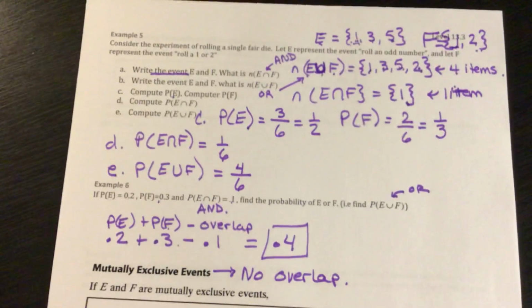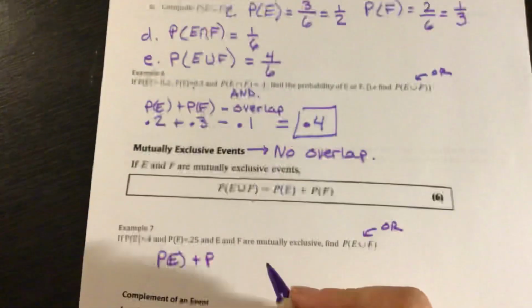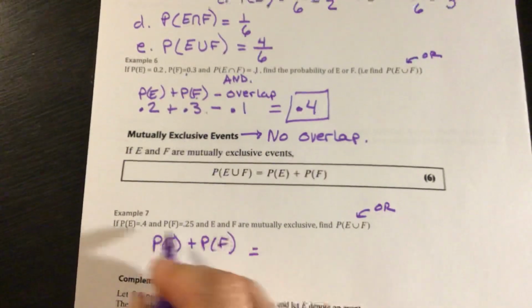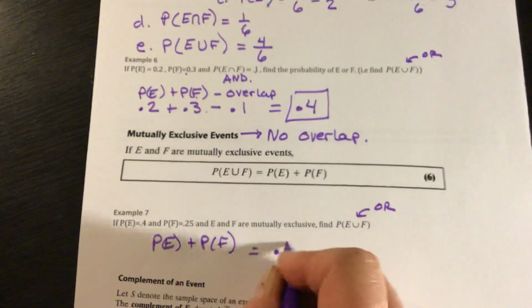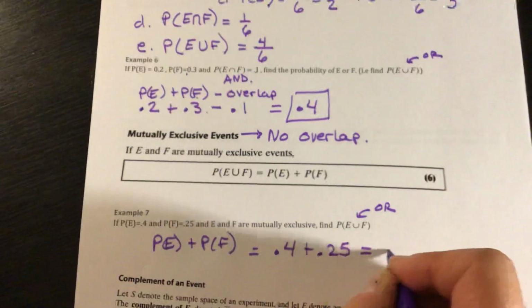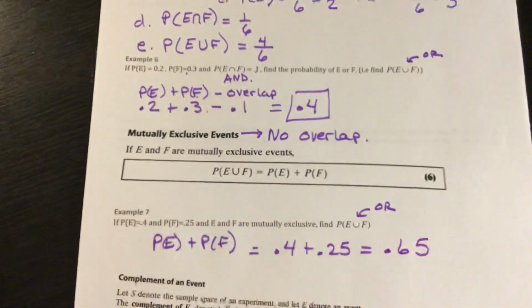So I'm going to add them together. Probability of E plus probability of F. So this is 0.4 plus 0.25. There's no overlap, so this is 0.65.